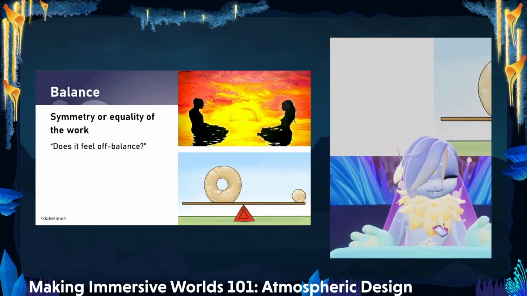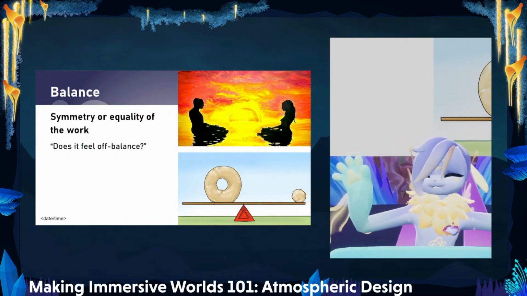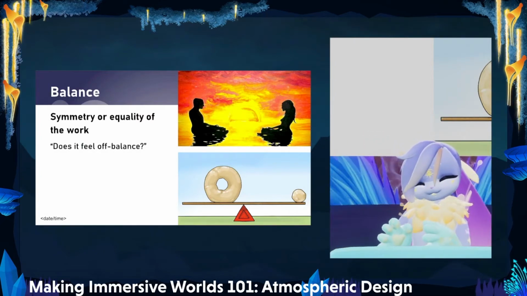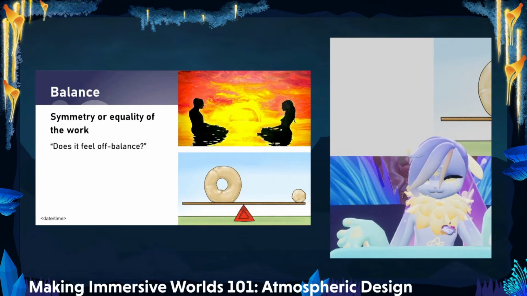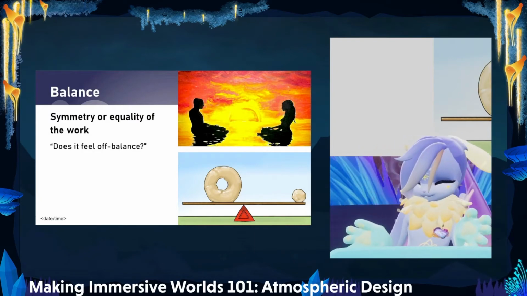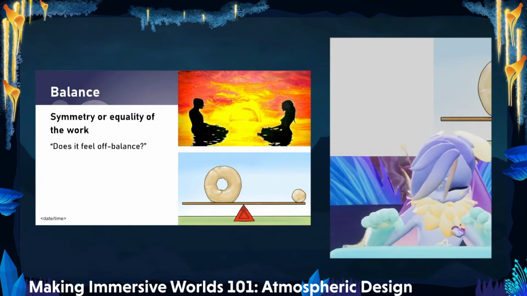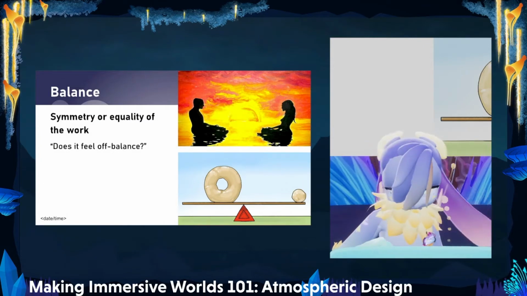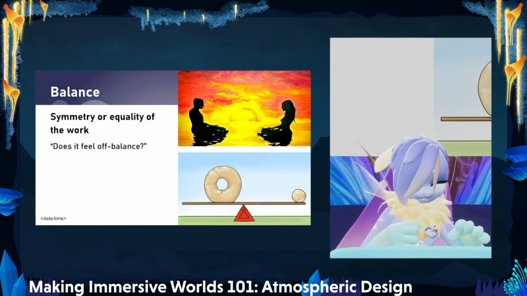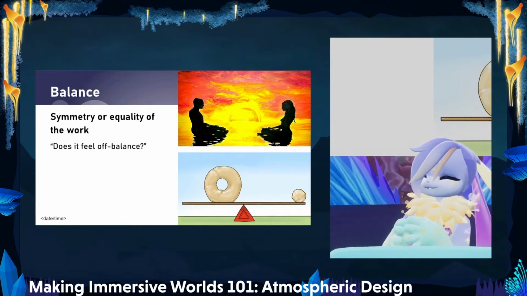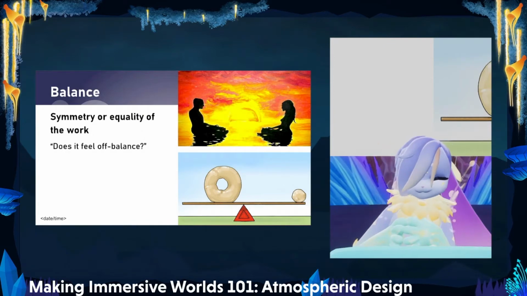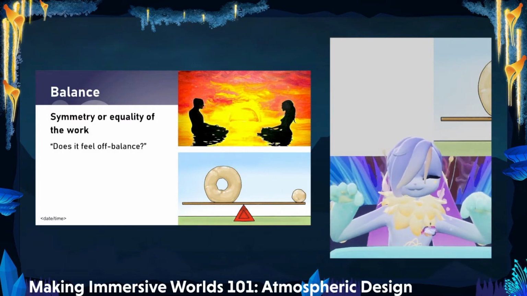Another is balance. Balance is basically the symmetry of the work. You don't have to be super balanced as in equal, right? It doesn't have to be like everything equal, like a Thanos snap of half of the entire place. However, you should take note of how things feel.